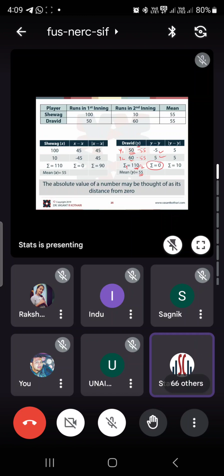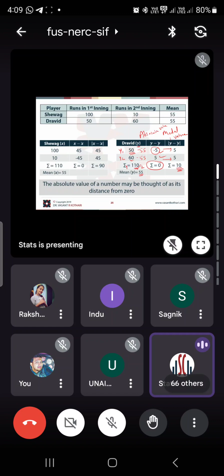Again here it is a 0. So then we'll take this, known as modal value or absolute value. So minus 5 will become 5 and this 5 will become 5 and this total will become 10.